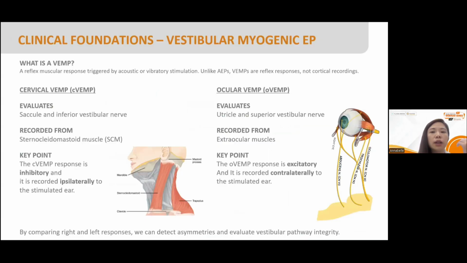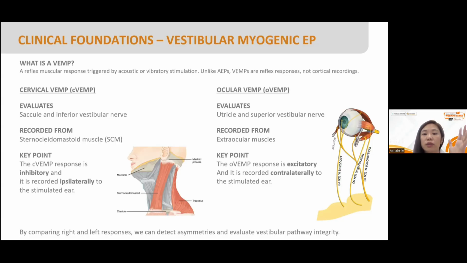But for the vestibular myogenic evoked potential, we say the VEMP, we are in fact checking the reflex response, not the cortical recording. After the stimulus gets into your nervous system, there is some automatic reflex response, not controlled by our brain, not controlled cortically.